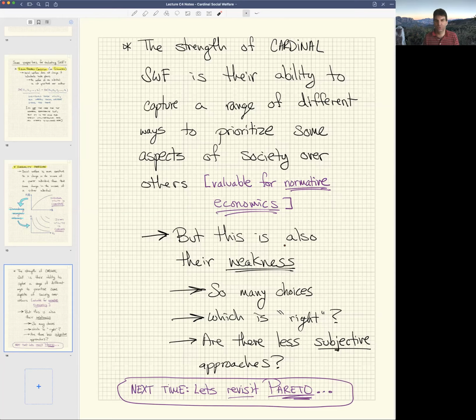So what are alternative social welfare approaches that don't require us to make cardinal welfare stances like these? You should know about these, but we're going to move forward hopefully without having to assert a social welfare function. All right, so we're at 1:15.